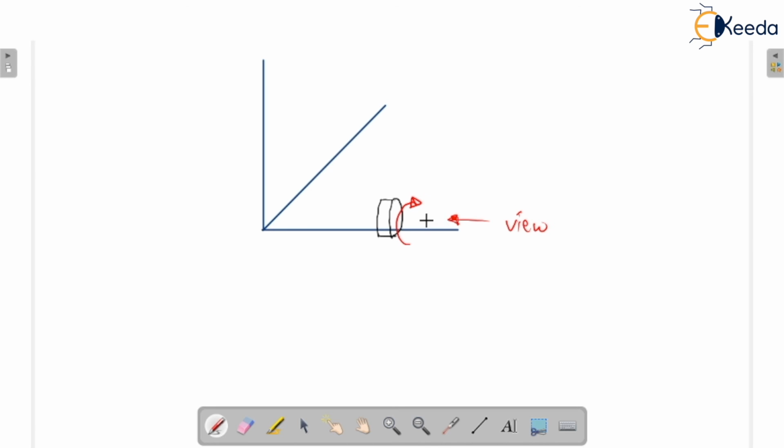The sense of rotation is clockwise, so you rotate the fingers clockwise. The axis of the spin, or the direction of angular velocity, would be decided by the direction of the thumb. This would be the direction of the thumb, that is the view direction, and this would be the direction of omega.